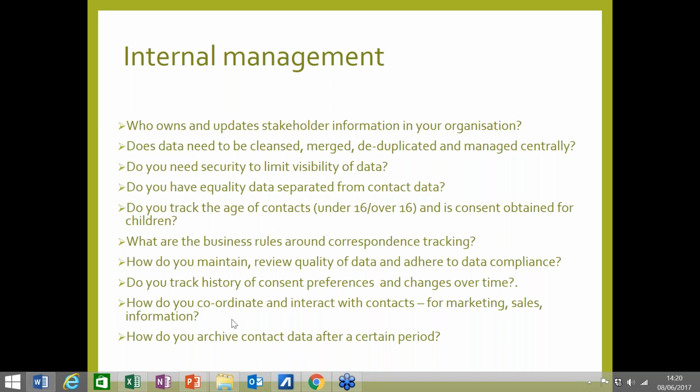The next is, how do you coordinate and interact with contacts? As a team, you might have various people that will send out emails to different groups of contacts. So what's important is that any team member involved in correspondence on a mass level, or even on an individual level, has a clear interaction plan, like, this mass email is going to be sent about an event on this date, but then we're going to send the newsletter on this date.